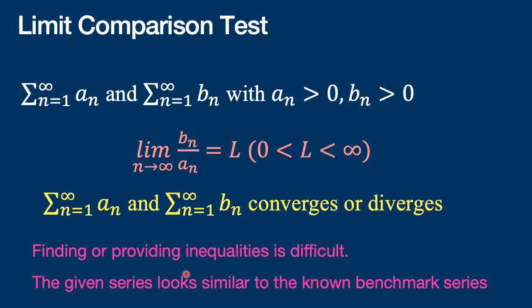For safety, you can use the limit comparison test all the time if you don't like direct comparison, guys. It works for some series when the direct comparison test works. So if you have a hard time comparing which series is bigger and smaller, then you can use the limit comparison test.